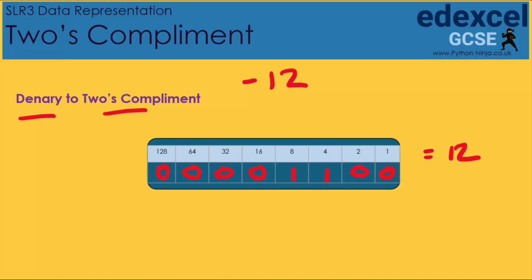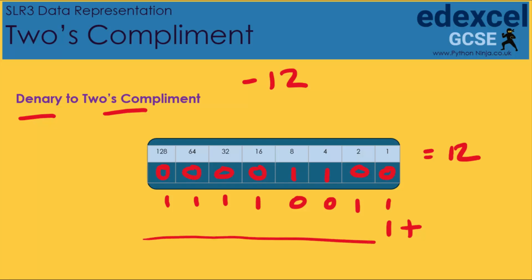So what you do is flip all of the bits. 0 becomes a 1, 1 becomes a 0. Then we need to add 1. Very important to remember that.